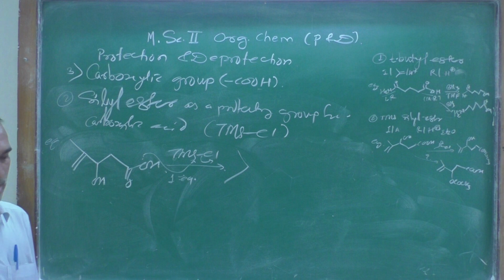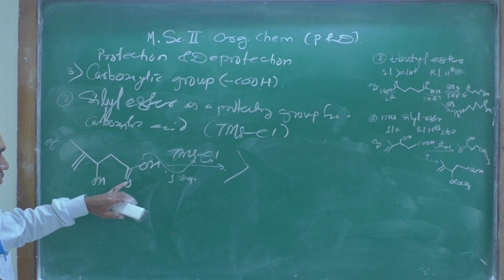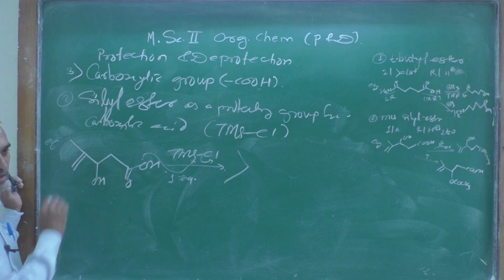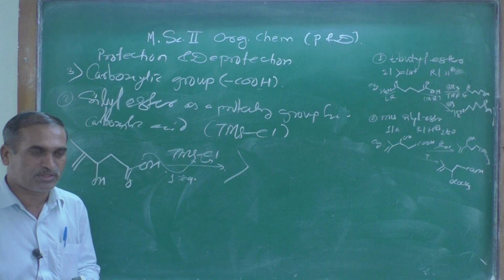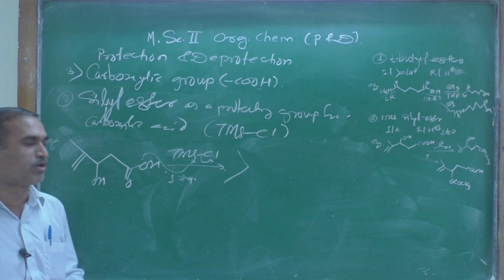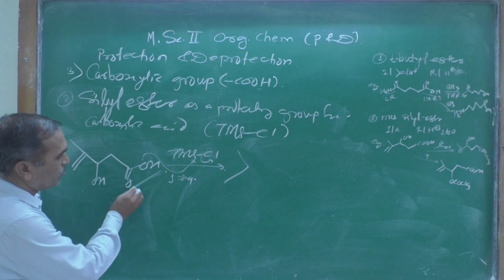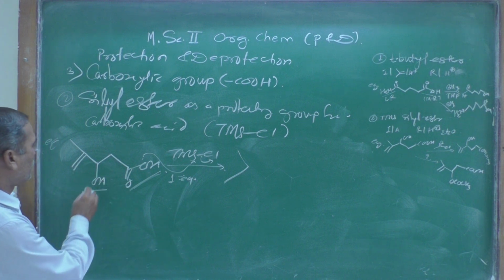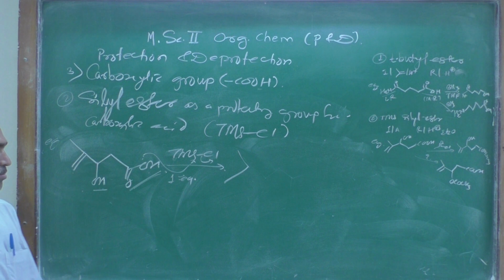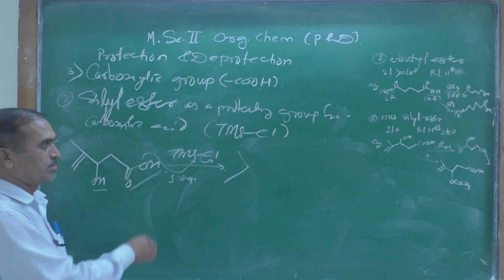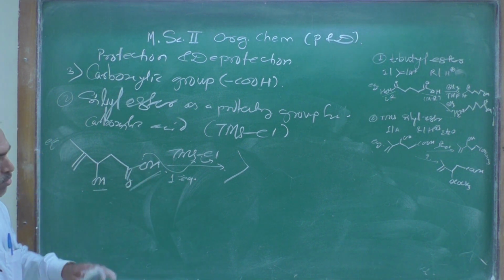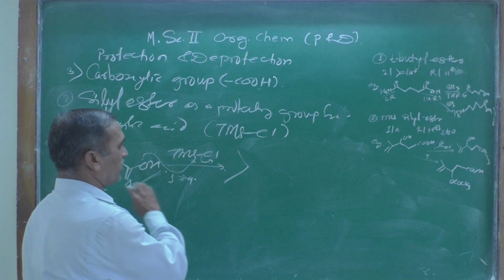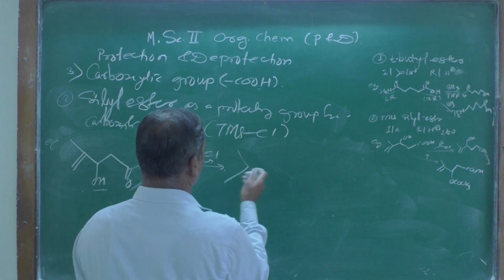If you use it in excess, it will not work, because there are three functional groups here. Out of those three, which one is the most reactive? The acidic group is more reactive than the OH group and the carbon-carbon double bond, and therefore if you use trimethylsilyl chloride in a controlled condition, one equivalent, it will protect the acid group.